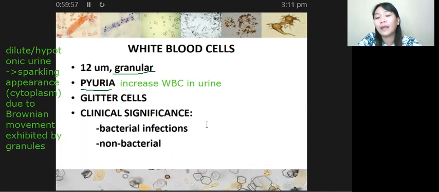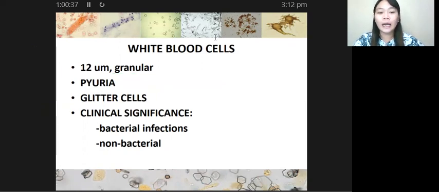It could also be non-bacterial in nature, such as glomerulonephritis, or autoimmune disease such as systemic lupus erythematosus. It could be due to inflammatory conditions or hypersensitivity, just like interstitial nephritis, or to tumors or malignancies. Those are the clinical significances of your white blood cells.